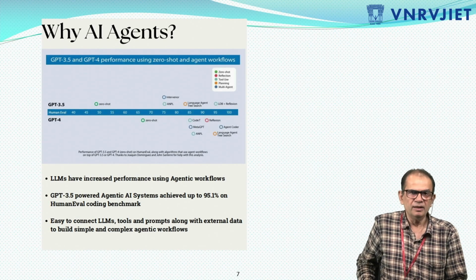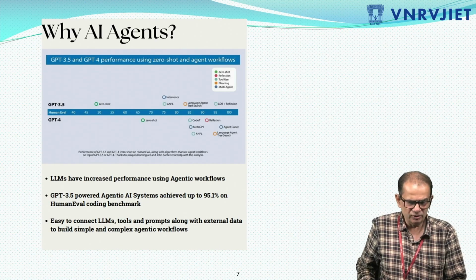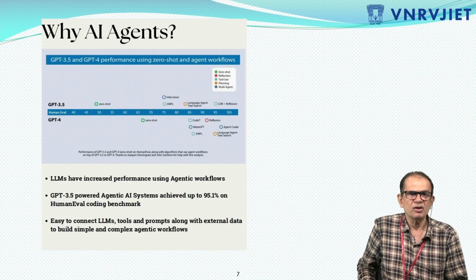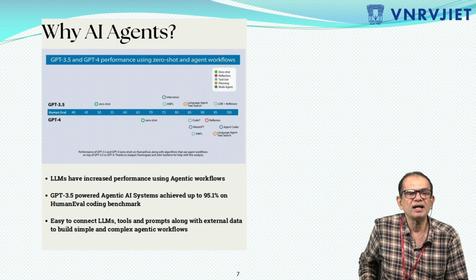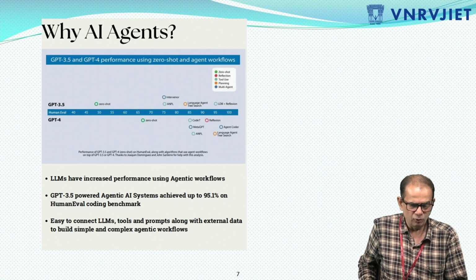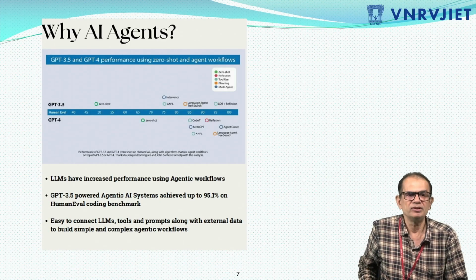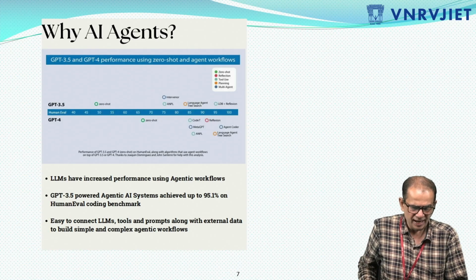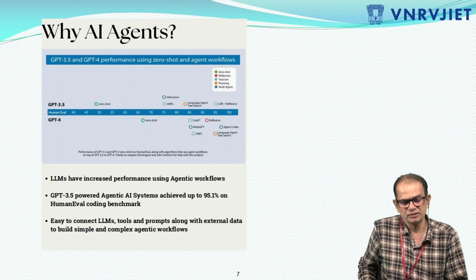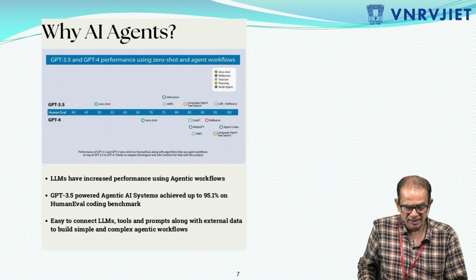Now the question is, why do we need agents? We need agents because we want our tasks to be accomplished automatically. Take for example an LLM, a large language model, which has increased performance when we use agentic workflows.